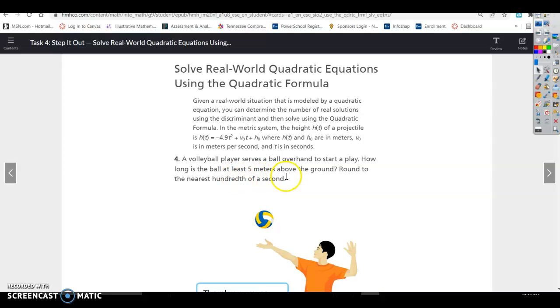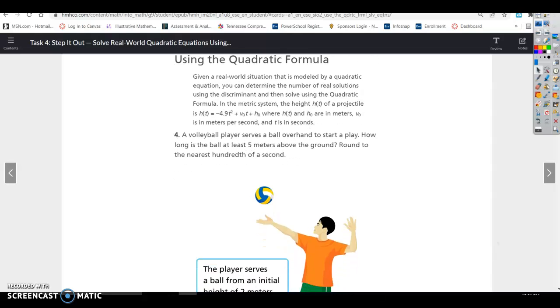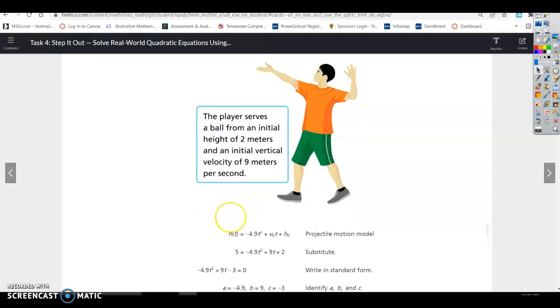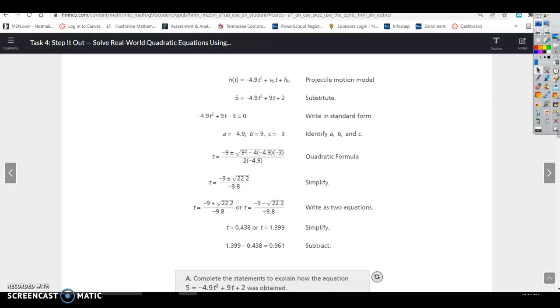All right, so we want to know how long the ball is above 5 meters. The information that's given: the player serves a ball from an initial height of 2 meters and an initial vertical velocity of 9 meters per second. We're given this equation, h of t equals, the equation they gave us above, and it says the projectile motion model.